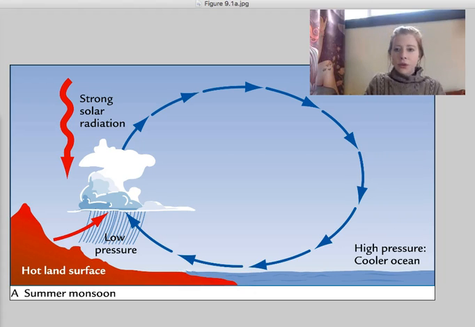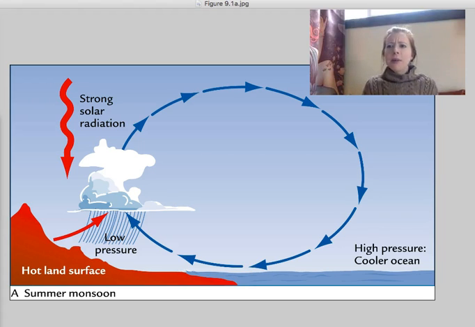And the way this works is the heat capacity of land and water is different from each other. Water has a high heat capacity, which means that it takes more energy to change the temperature of water than it takes to change the temperature of land, which is mostly rock and soil, right?